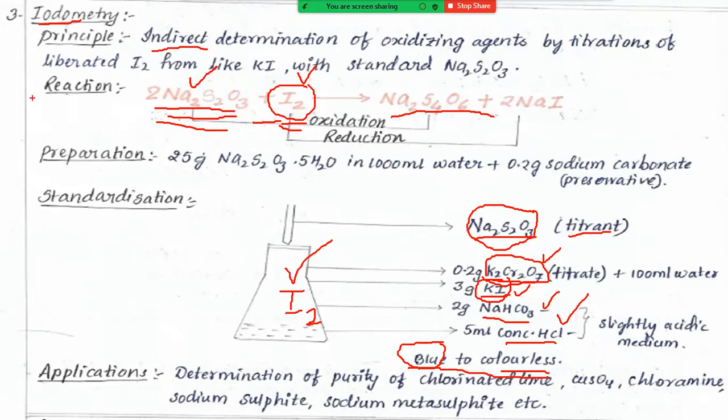So this is about iodometry. And this iodometry method is useful for determining a few important compounds such as chlorinated lime, copper sulfate, chloramine, sodium sulfate, and sodium metasulfate. This is a very important topic from the examination point of view.